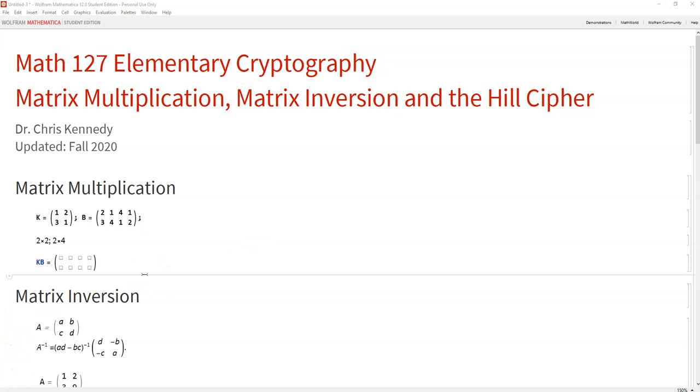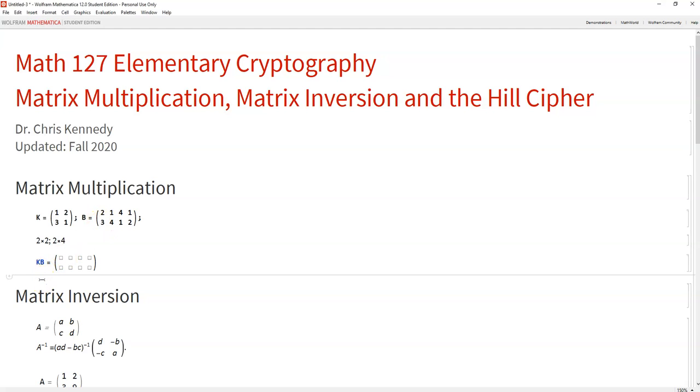So we will start with the 1-1 entry. First row, first column. I'm going to use row 1 of K and column 1 of B. We multiply corresponding entries and add them together. So I take the first entry of this row and the first entry of this column and multiply those together, and then I add to that what I get when I multiply the second entry of the row and the second entry of the column.